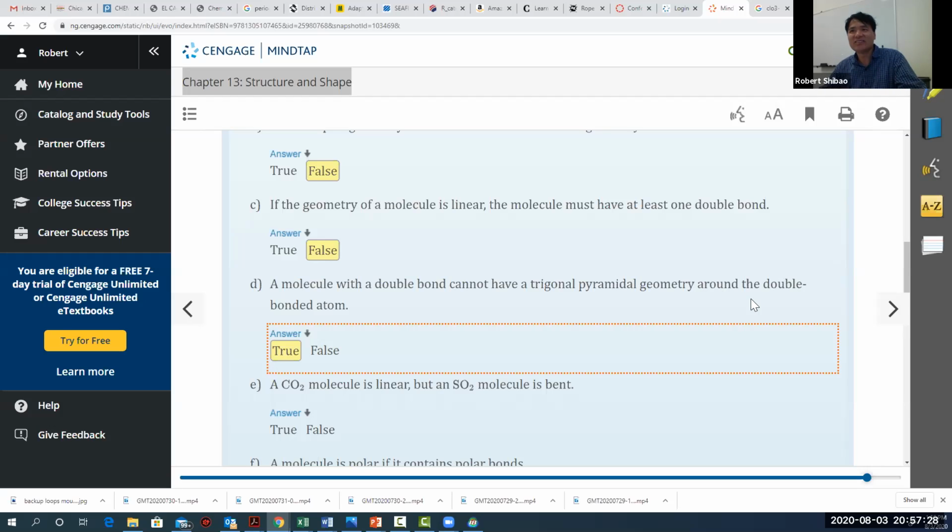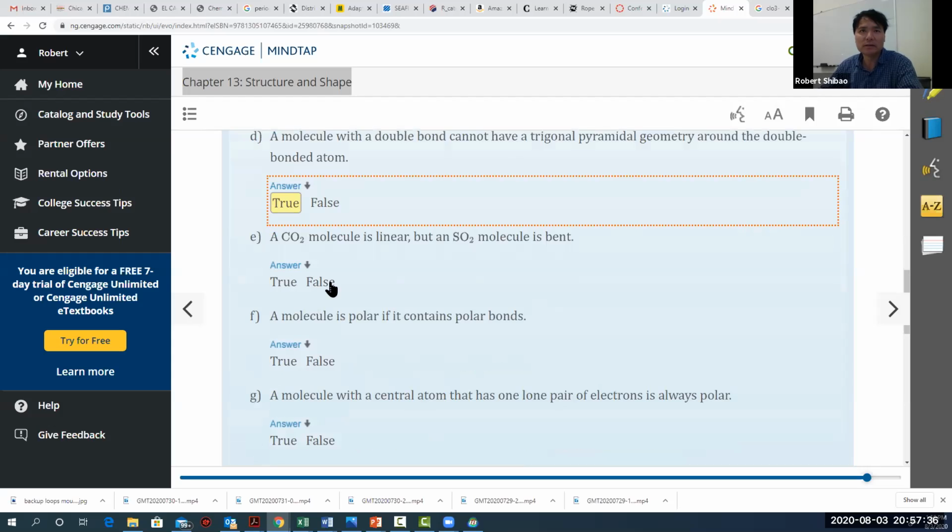Trigonal pyramidal geometry around the double bonded atom. Yeah. The Chem 1A will be a little bit different. A CO2 molecule is linear, but SO2 has a lone pair. Carbon has only 4 valence electrons. Sulfur has 6 valence electrons. So there's an extra lone pair on sulfur, which makes this bent.